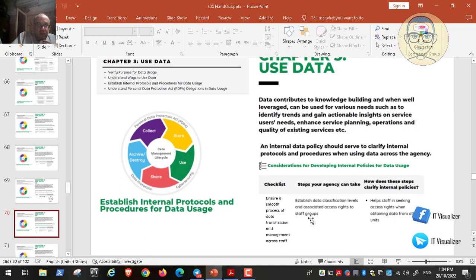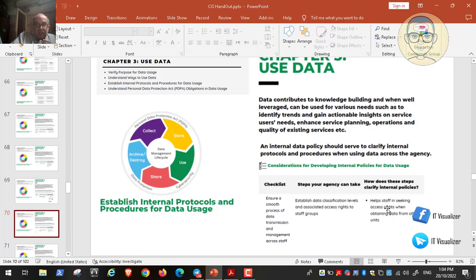So the first thing when you have an internal data policy is to make documentation. The second thing is to ensure a smooth process of data transition and management across staff. Establish data classification levels and associated access rights to staff groups.